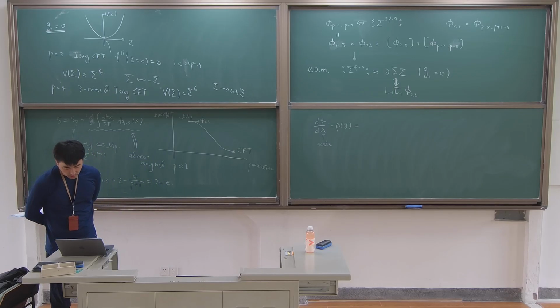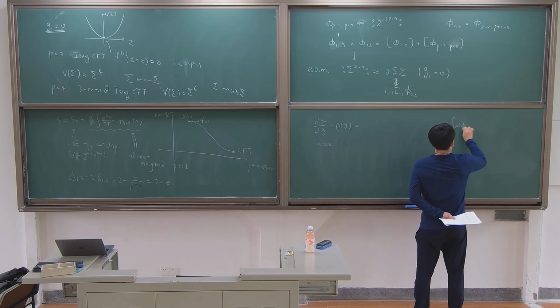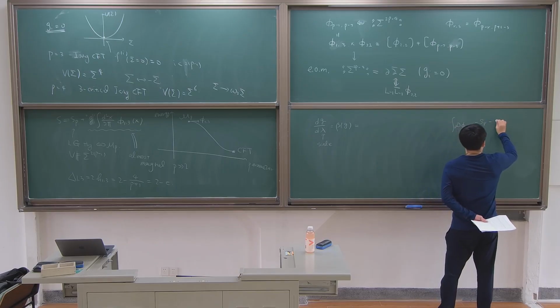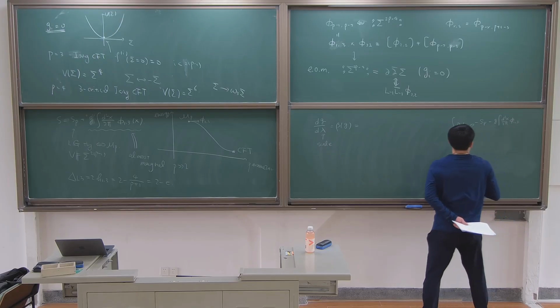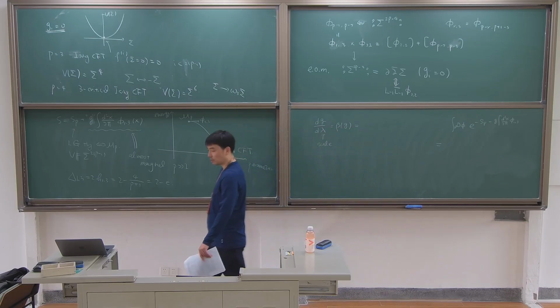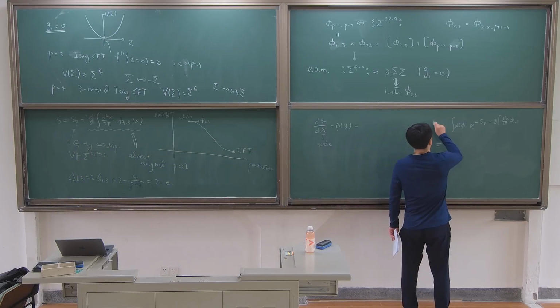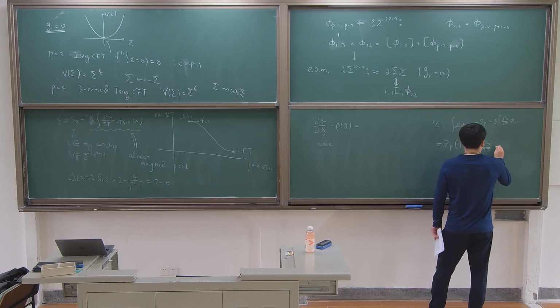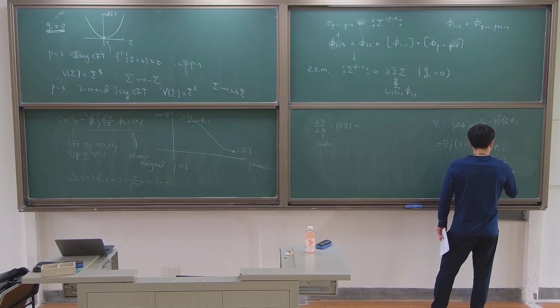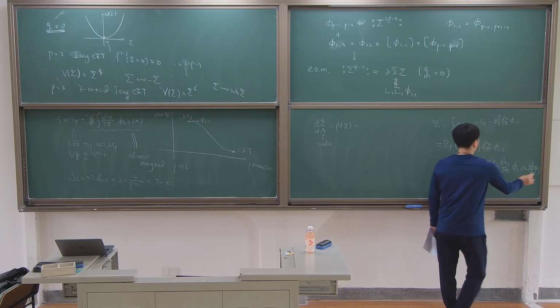So essentially what you need to do is start with the action, with g times the integral d squared x of phi_{1,3}, and do the perturbation theory, something like this.